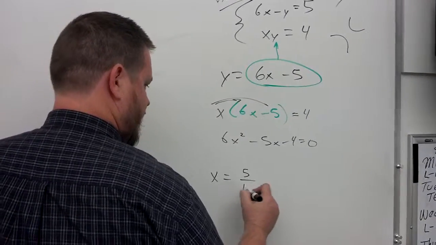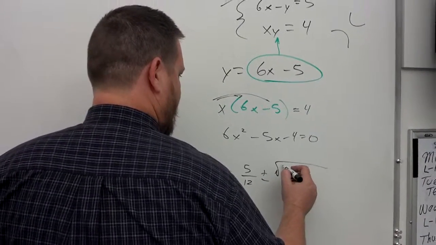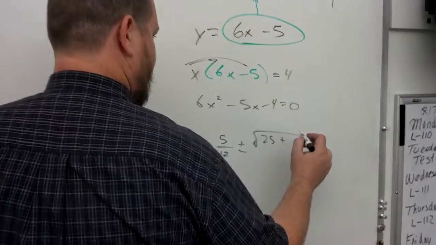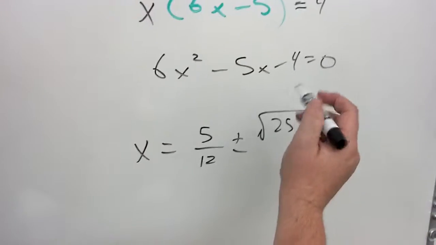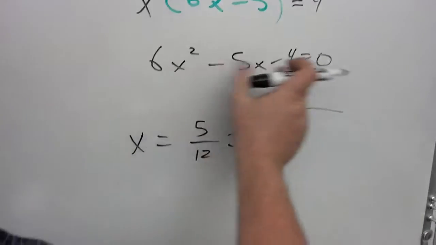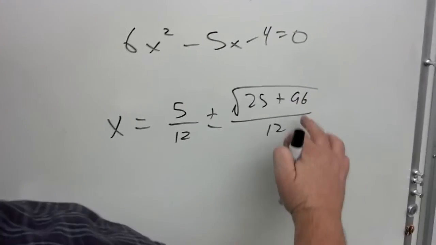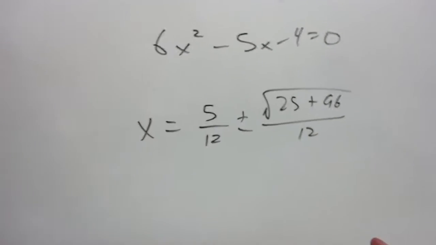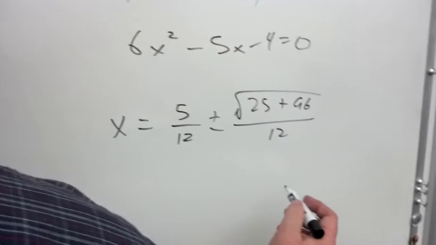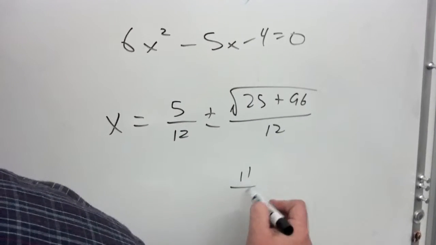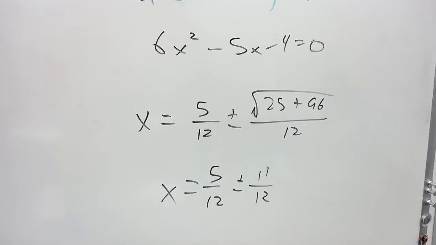Negative b, plus or minus the square root of b squared minus 4ac. 4 times 6, 24 times 4, that's 96, over 2a. 96 plus 25 is 121, square root of that is 11. Okay, so x is 5/12 plus or minus 11 over 12.